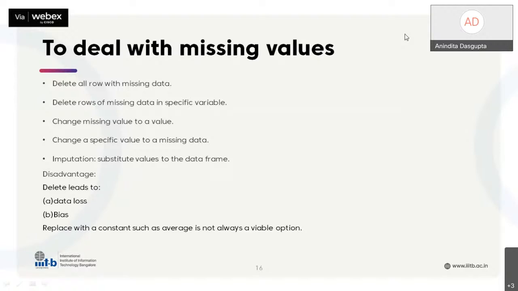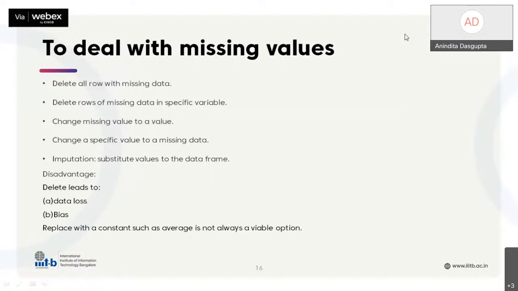But these methods which involve deleting can lead to data loss, and can lead to bias also. Bias in the sense, if some data has urban population and rural population, and most of the rural data is missing, NA, and in urban the data is intact, then most of the values we get will be of urban and the rural population will be missing.